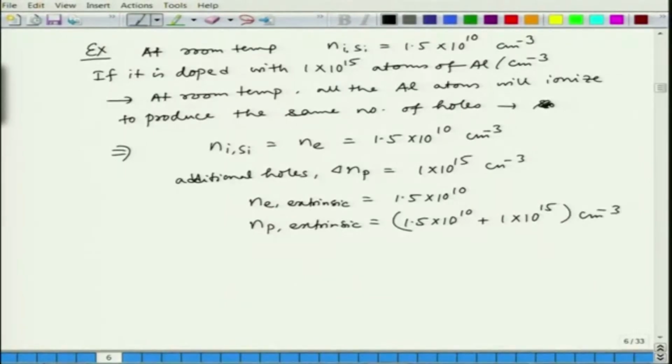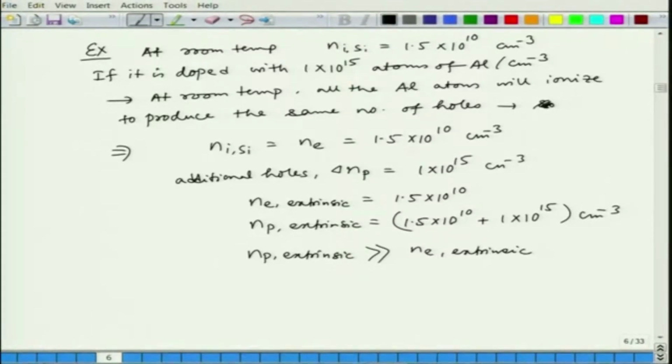So, you can see that this extrinsic hole concentration is way greater than the extrinsic electron concentration. Can you see how dominant a small quantity is? 1 into 10 to the power 15 atoms per centimeter cube is nothing, right, because the Avogadro number is 10 to the power 23.